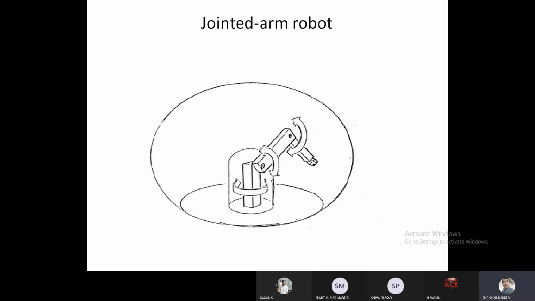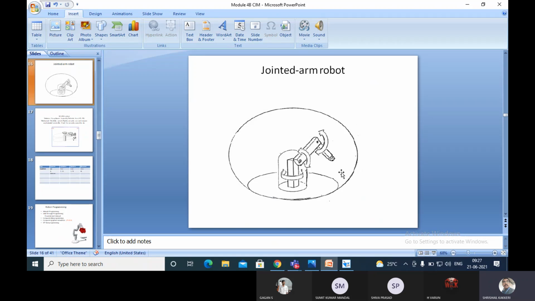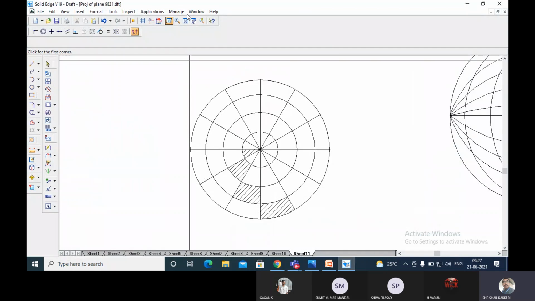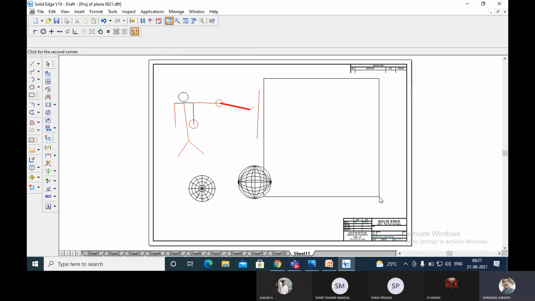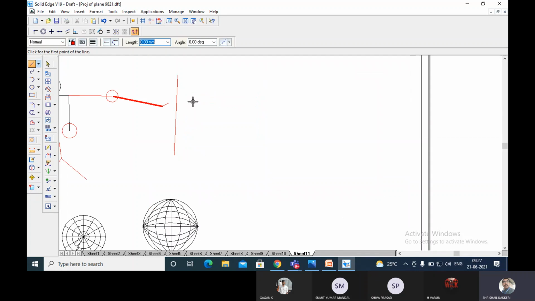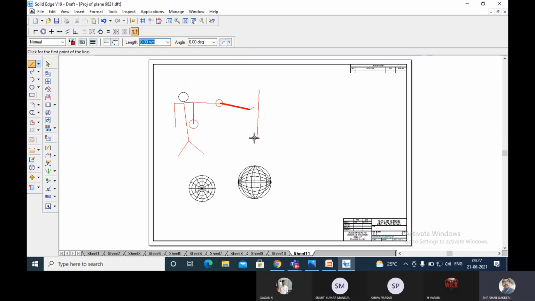The giant arm robot. To write this, if you feel it is difficult, you can write like this also, no problem. I'll be showing you the different robot configurations.